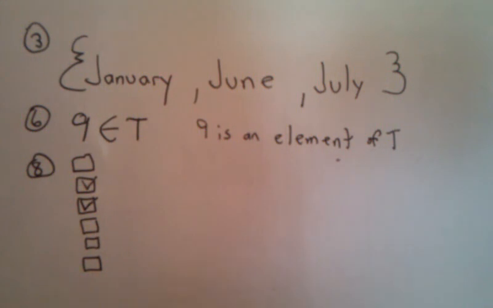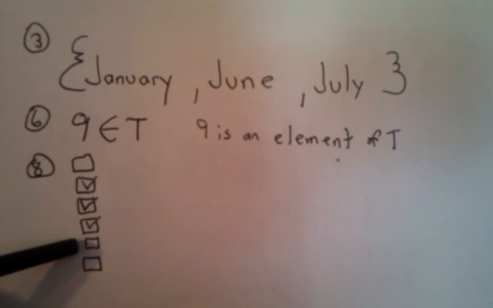Let's look at the next one. The entire world's population, is that a finite set? The entire world's population. Yes, it is. It's a finite set. It's not going to be easy to count it, but you can count it. Okay, this one says all the odd numbers. Is that a finite set?